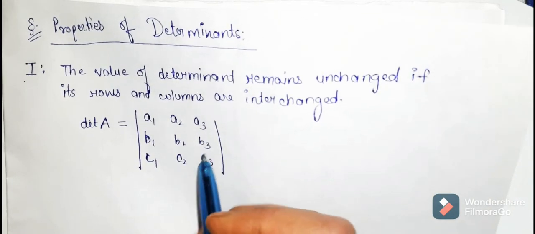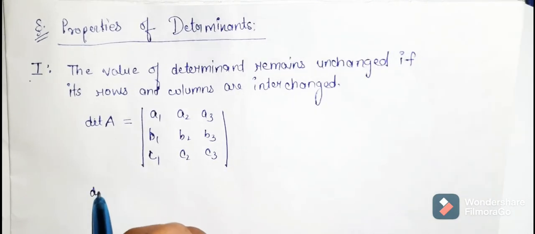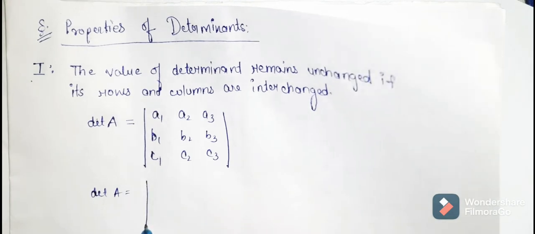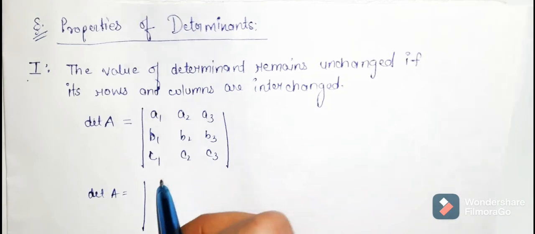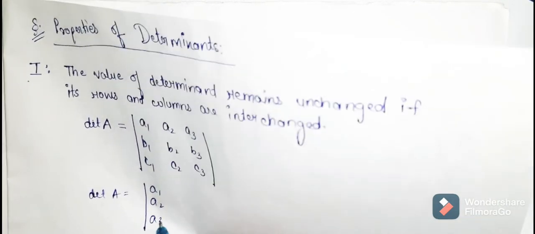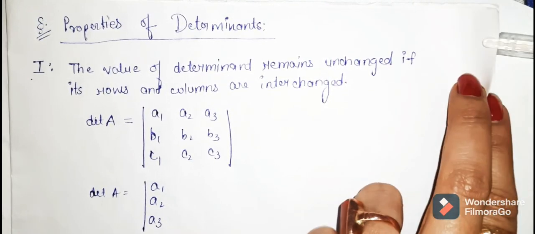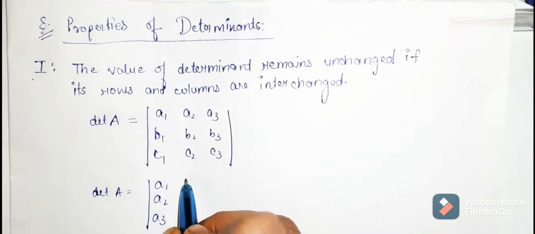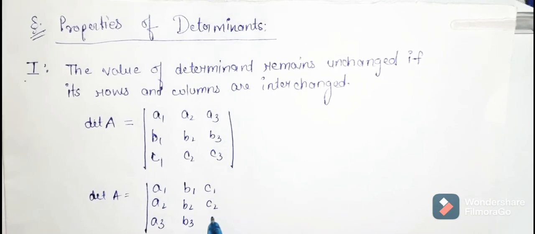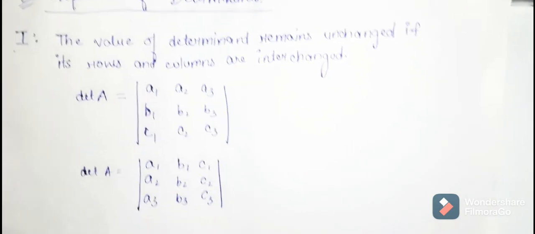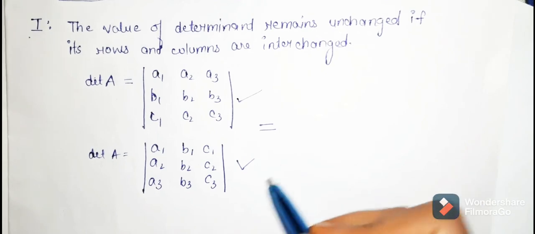Now if you interchange them, your columns become rows and rows become columns: A1, B1, C1 and so on. Then the value of this one and this one are equal.